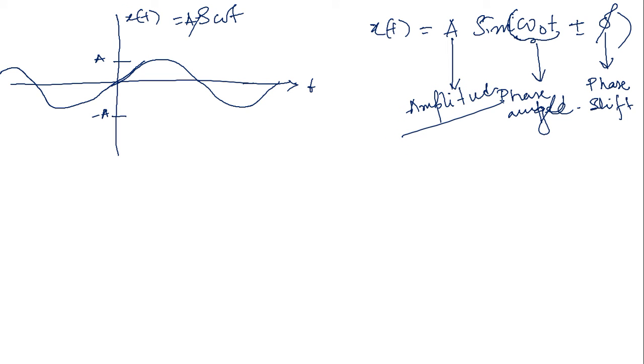Here I have mentioned plus minus. This plus minus represents the same as the step signal and ramp signal that we have shifted. The signal may be shifted to the left side or right side, because of the phase angle. The point where the signal crosses the origin may be shifted from the origin to the left side or right side.